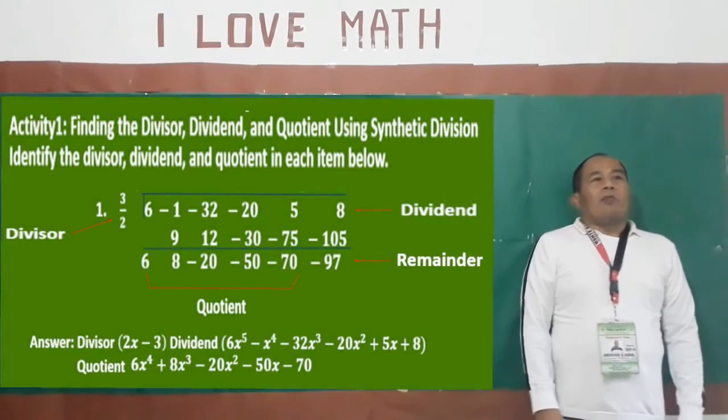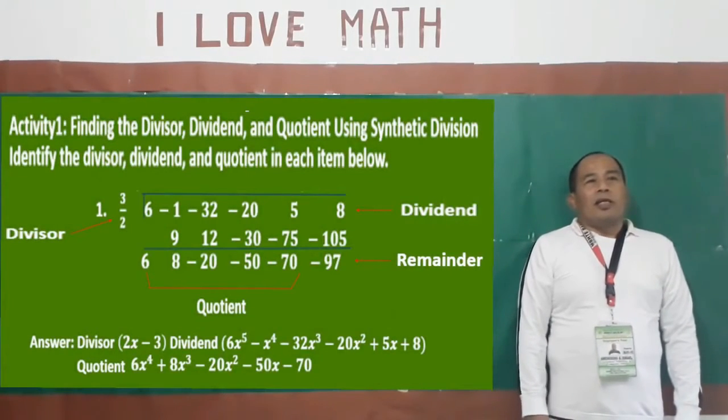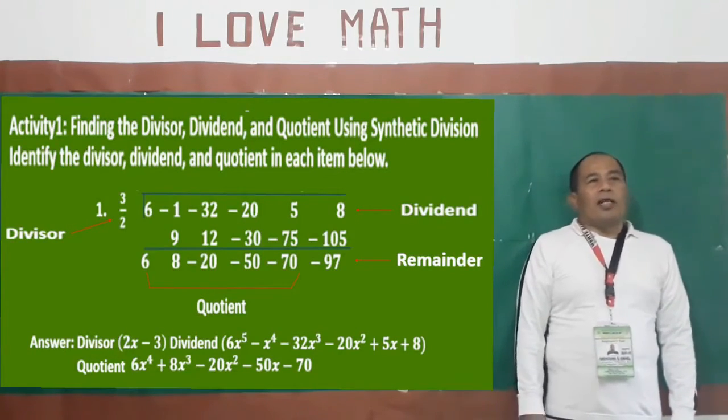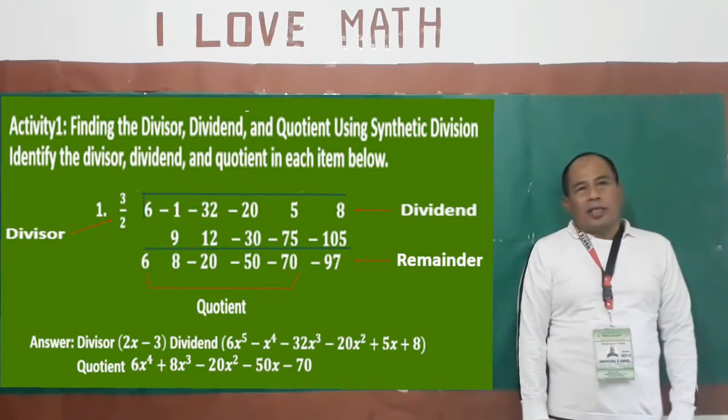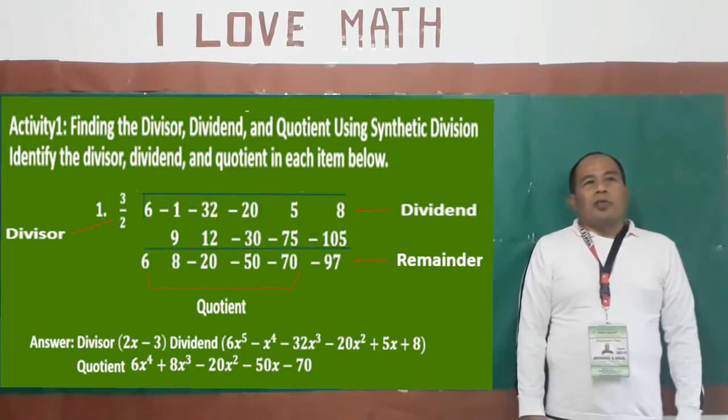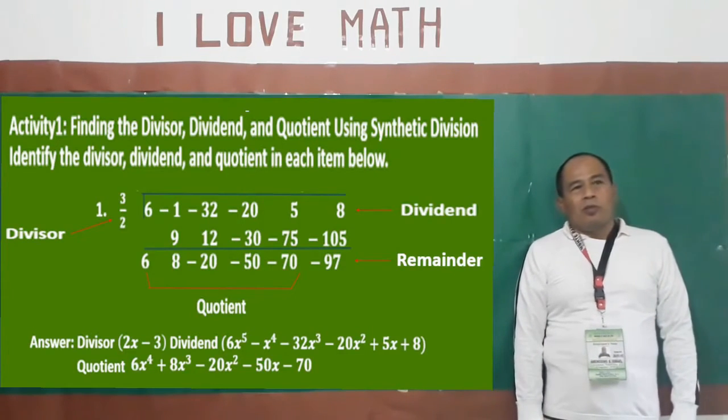Activity 1. Finding the divisor, dividend, and quotient using synthetic division. Identify the divisor, dividend, and quotient in each item below. Number 1 is your guide to solve the next questions.